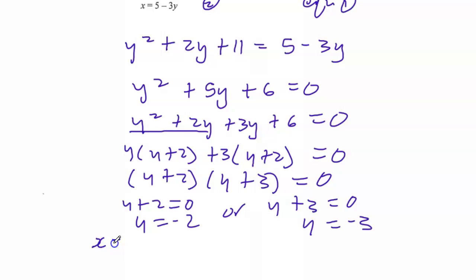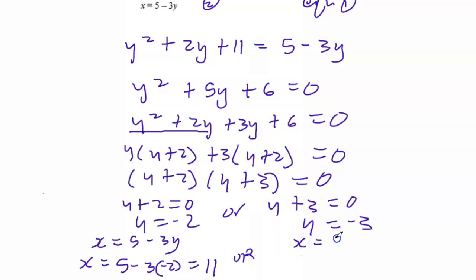So x would be 5 minus 3 times minus 2. So it becomes 5 plus 6, which is 11 here. And y is minus 3, x is equal to 5 minus 3 times minus 3. This becomes 5 plus 9, and that's 14.